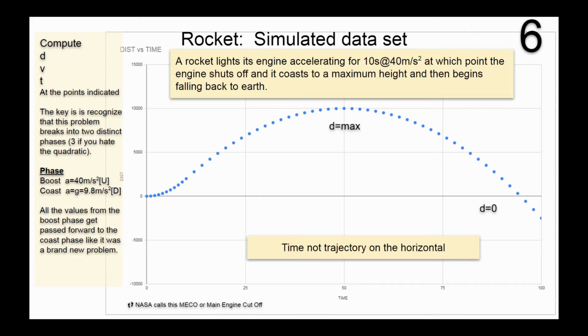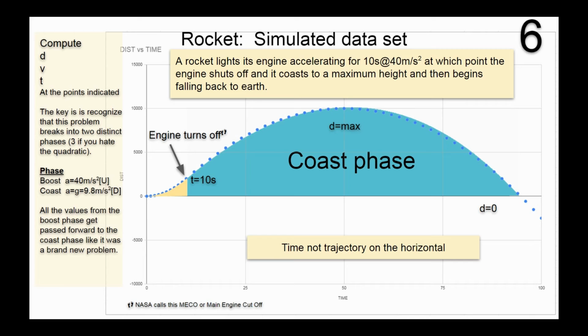Make clear of that. We're going to have to compute the distance, the speed, and the time at the points indicated. The key is to recognize that this problem breaks into 2 distinct phases. The first phase is in that first 10 seconds when you see the little blue dots are together when the rocket is accelerating.